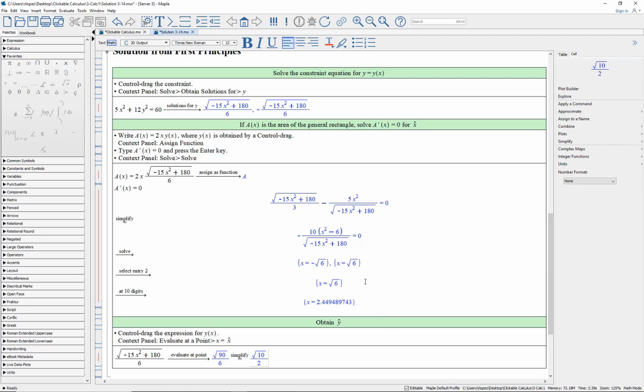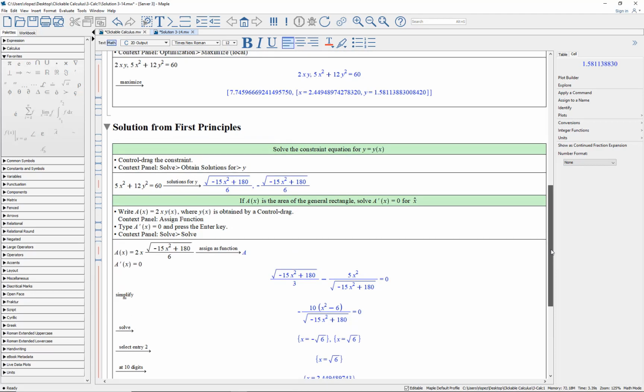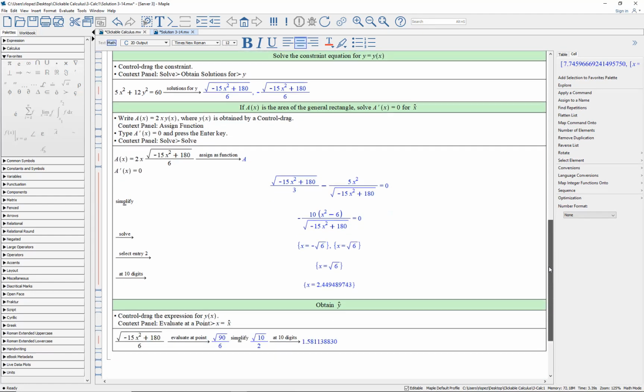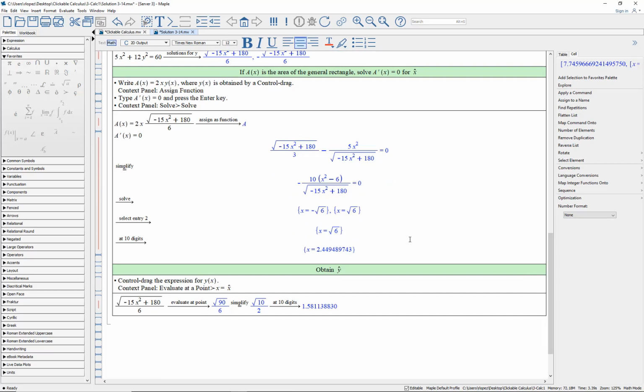Maple takes out the 9. And if you want to float that, you could float that. That's the height, 1.58. Here we did it numerically, 1.58. And the x was 2.449, 2.449. So we were able to tackle this problem graphically, numerically, and analytically.